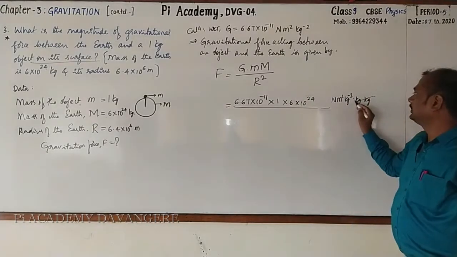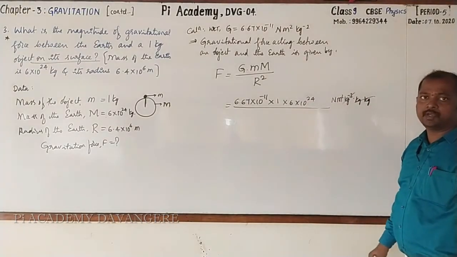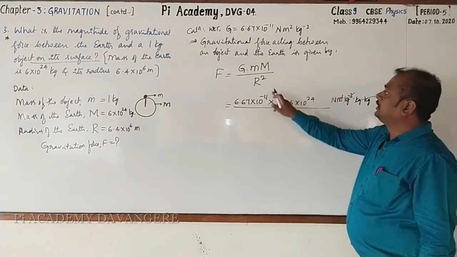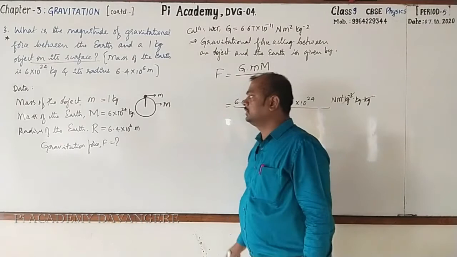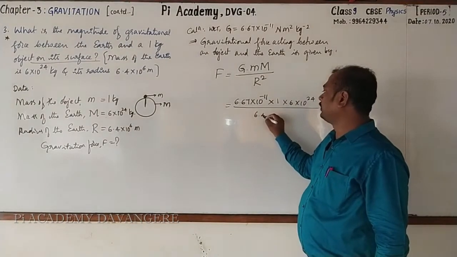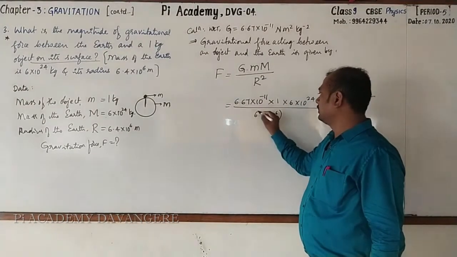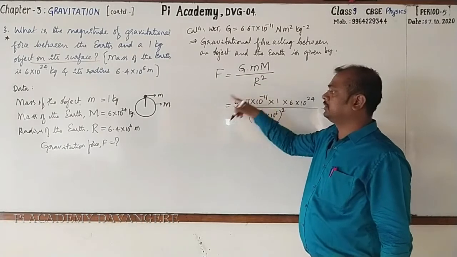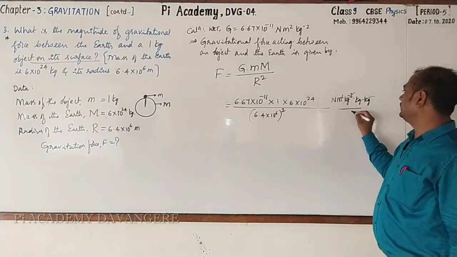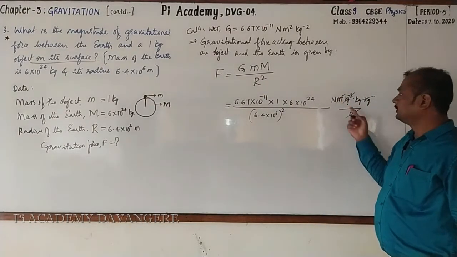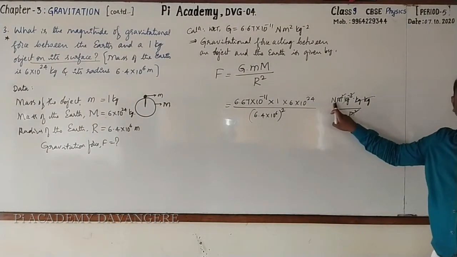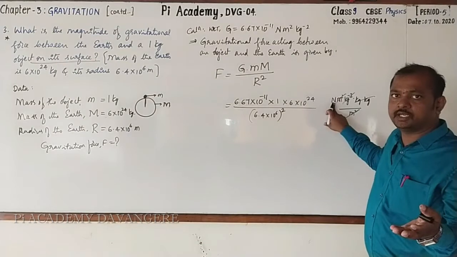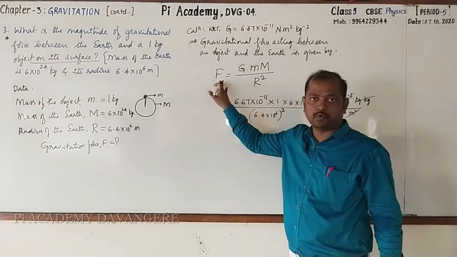See that kg square, kg raised to the power minus 2 get cancelled. Divided by r square, that is the radius of the earth, it is 6.4 into 10 raised to the power 6 whole square. Then meter is there, right, meter square. Meter square get cancelled. What will remain? Only Newton. What does Newton indicate? It is the unit of force.